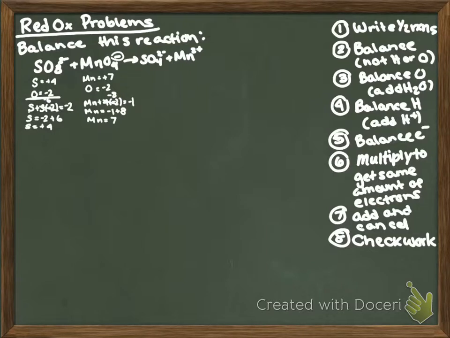Then I'm going to move on over to my SO4 2-. Sulfur, I'm going to have to figure out. Oxygen also is going to have to be figured out. I know that those are going to be -2 though, because once again, oxygen is always -2 whenever it's not in peroxide. I'm going to have to figure out what that sulfur is though. I know the charge of sulfur is going to be equal to whatever it needs to be to cancel out those 4 oxygens.